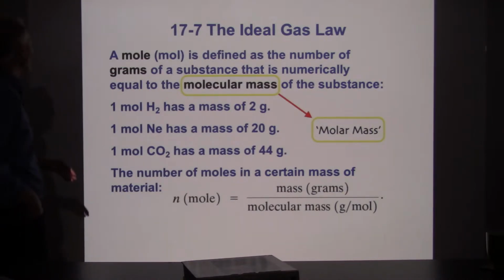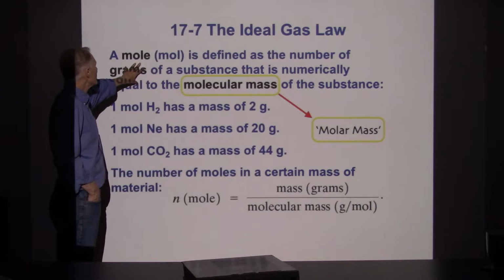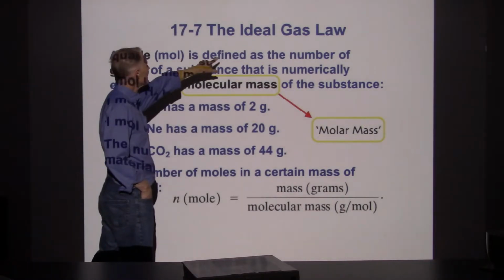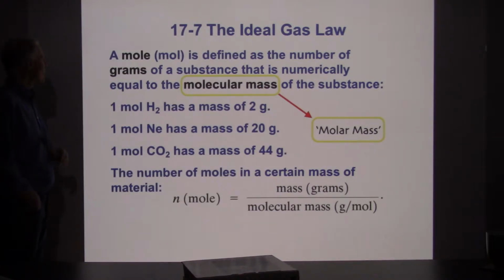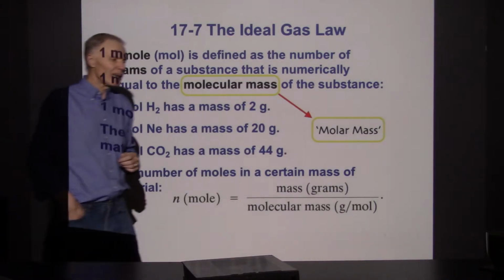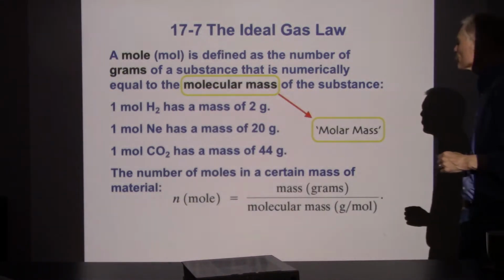Now, we're going to go back and once again introduce the idea of moles. Moles are a way to keep track of the number of molecules in a sample. Here's how it works. The value of 1 mole is 6.022 × 10^23 particles. We saw that in those earlier slides.